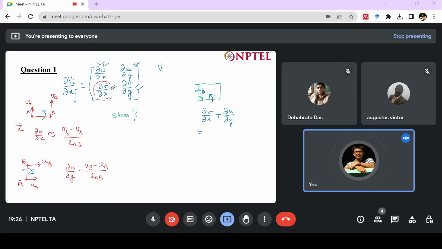So I will write the velocity field here as well. This is minus a y i cap plus a x j cap.